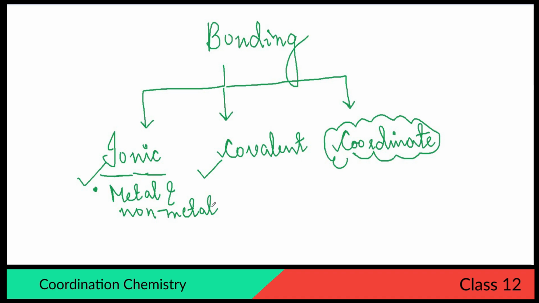Now, what do I mean by electronegativity difference? In very simple language, I would say it is a metal and a non-metal. If we try to revise how the bond was formed, you would see that it was formed keeping in mind the octet rule that we had learnt in our junior classes.